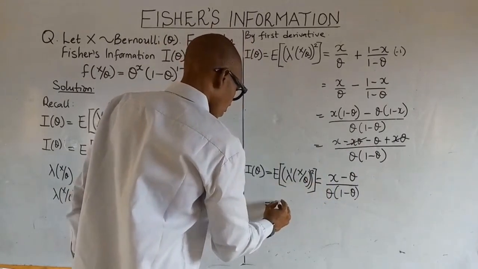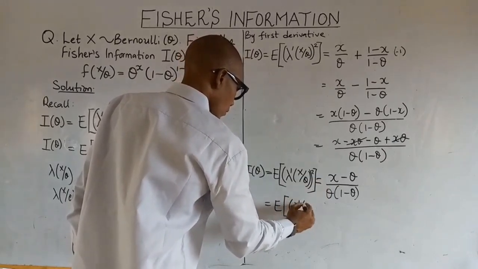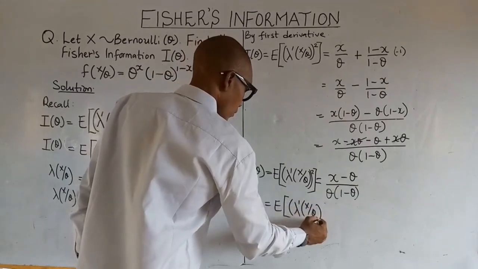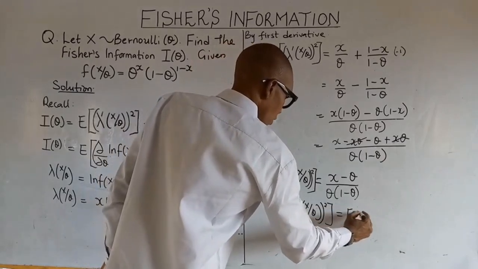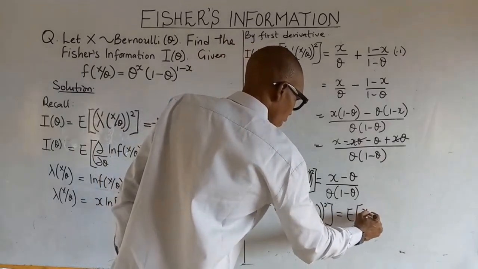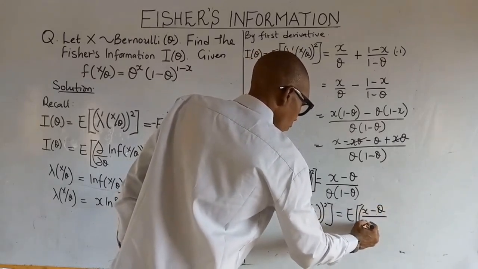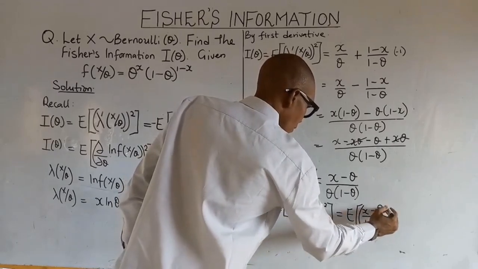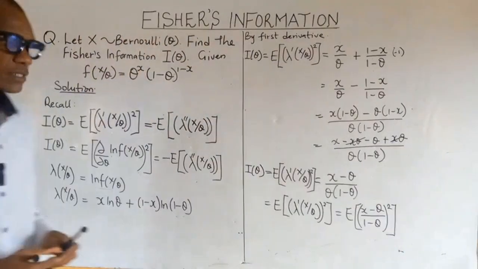It means the expectation is equal to the expected value of x minus theta all over theta times 1 minus theta, all squared.